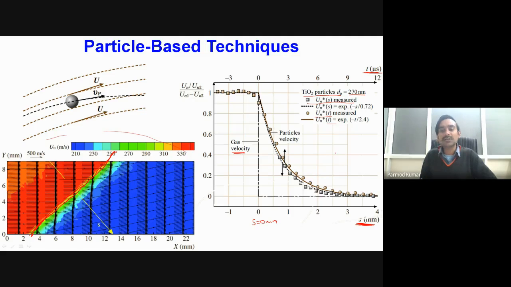Okay, so you can see that when we are having this type of occurrence of the shock wave, our particle-based techniques will not be able to exactly mimic the flow field. Rather, we will be having some time lag between the particle velocity and the flow field velocity.